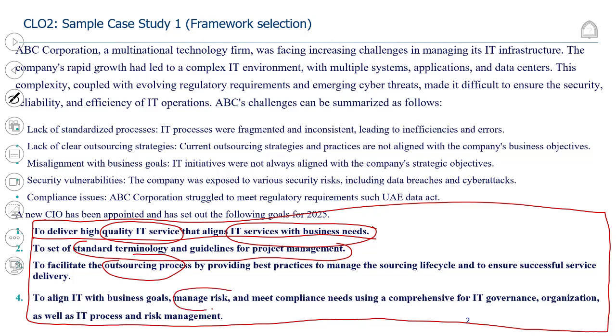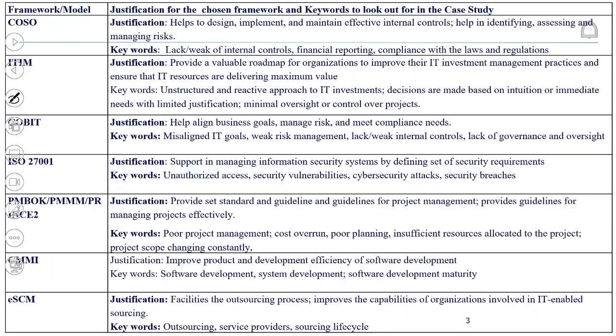Things like manage risk, meet compliance, okay? For example, comprehensive IT governance, okay? So look at your goals, and I've come up with some guidelines or some of the things that you could look out for.